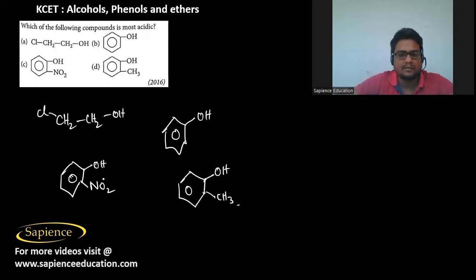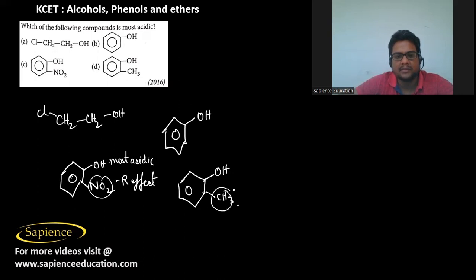Now this one will have minus R effect. So this hydrogen will be the most acidic, so it will be more acidic than phenol also. And this one, the methyl group, has got plus I effect, which is the positive inductive effect. So this hydrogen will be the least acidic.